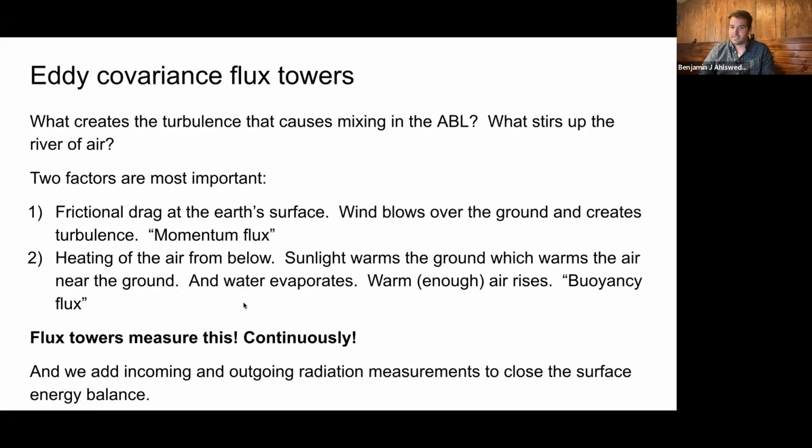And also there's fewer trees, so heat is dissipated less readily. So flux towers are kind of the most appropriate tool for this, because it basically is observations of the surface, but at the interface between the surface and the atmosphere. And we can measure incoming and outgoing radiation, as well as other stuff. And I'm going to get into that a little bit.